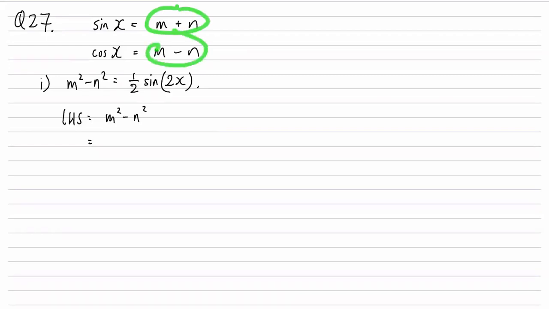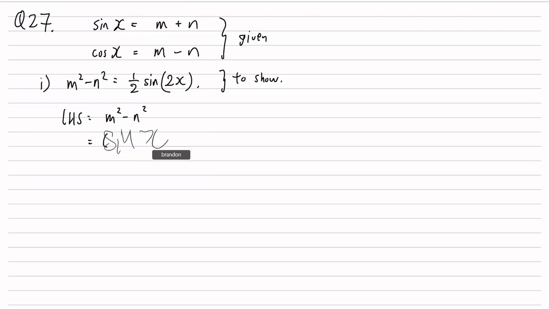What's given? What is m square minus n square? It's m plus n times m minus n, which is sine x times cosine x.